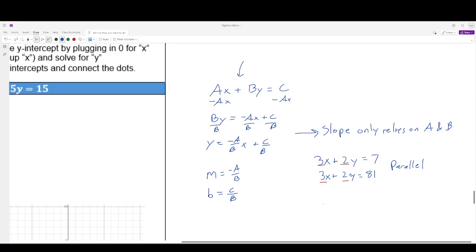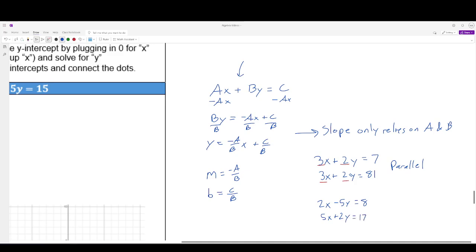The next one is if I had something like 2x minus 5y equals 8, and 5x plus 2y equals 17.